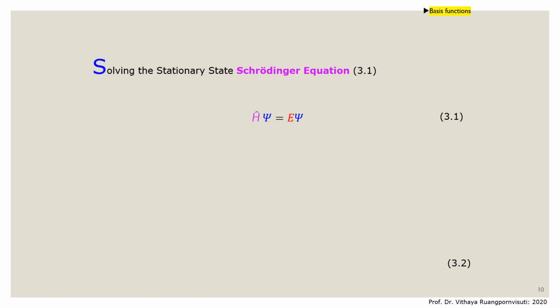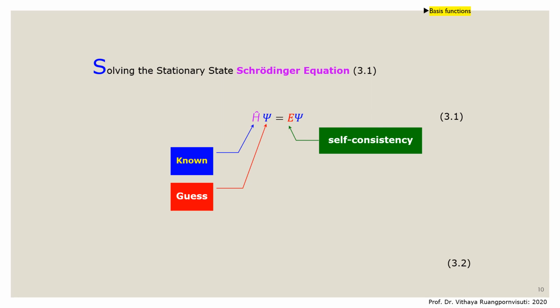For solving the stationary state Schrödinger equation, equation 3.1, the Hamiltonian operator is known. For the wave function psi in the initial case, the energy must be consistent, or self-consistent.